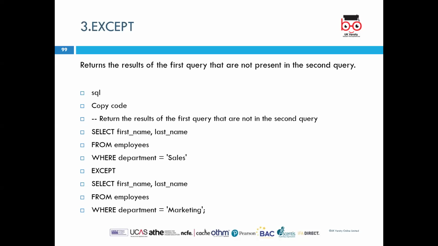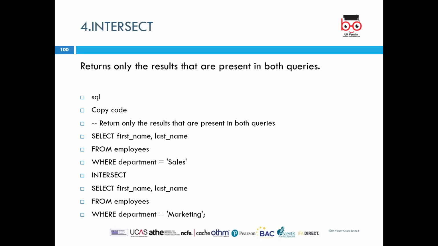Except returns the results of our first query that are not present in the second query. Intersect returns only the results that are present in both queries.